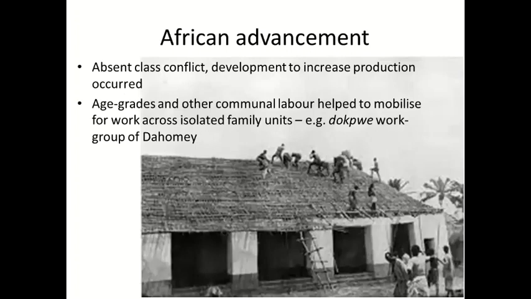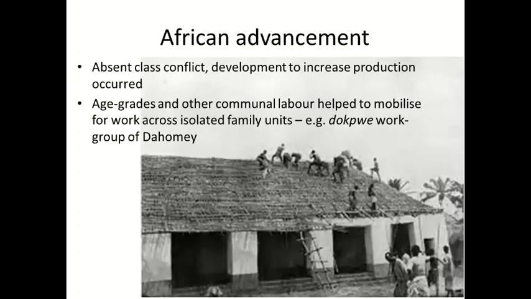So where class conflict was a key driver of development in Europe, in this absence of class conflict we nonetheless had development to increase production in Africa. Age grades and other communal labor helped to mobilize for work across isolated family units.